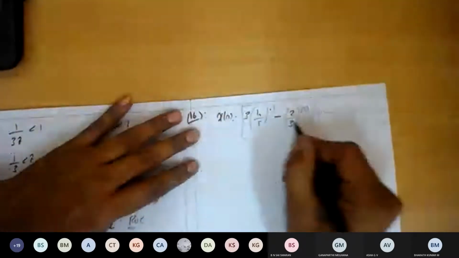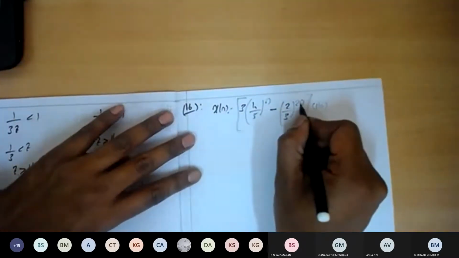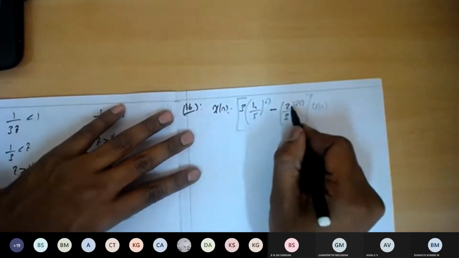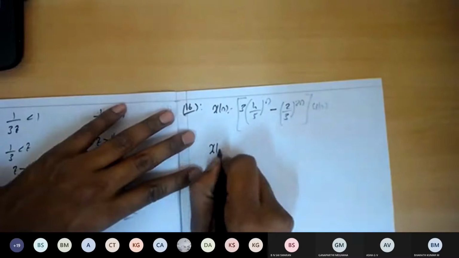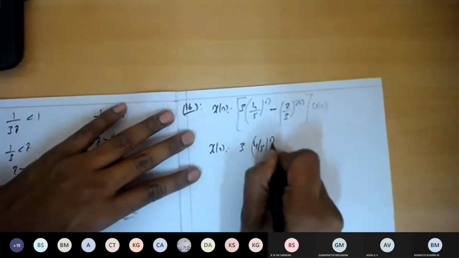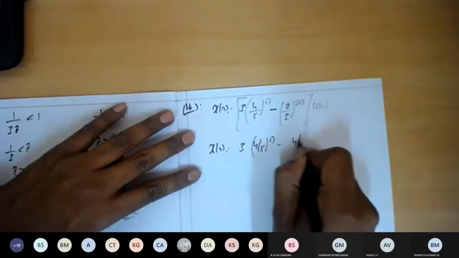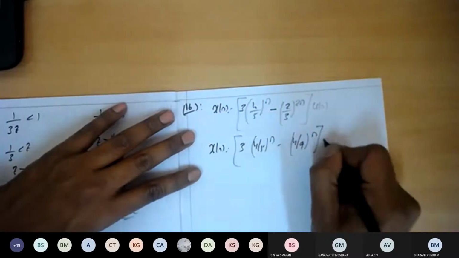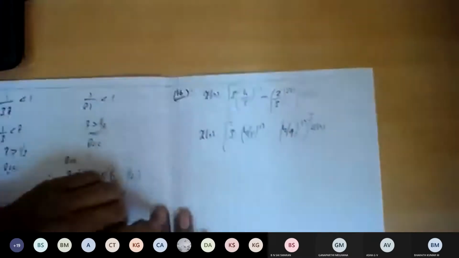So we'll find out this one. Here we have (2/3) to the power of 2n. This one we can write, the square can be taken inside. So we can write x of n is equal to 3 into (4/5) to the power of n minus, taking the square of this one, (4/9) to the power of n, into u of n.